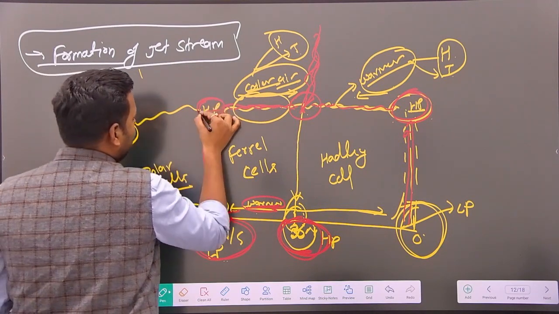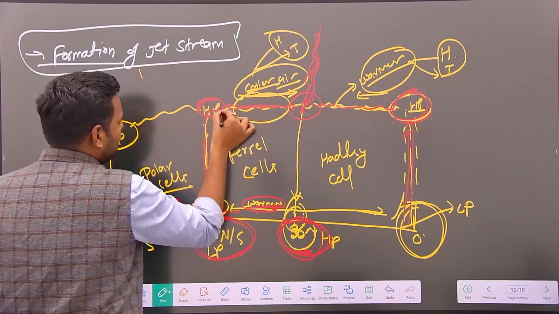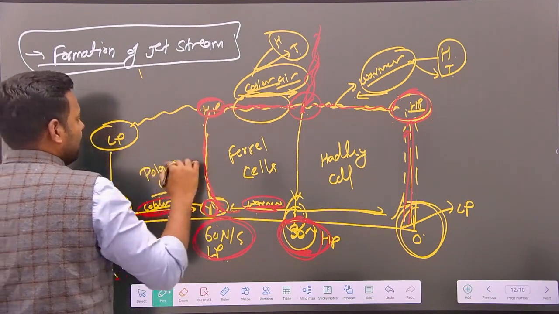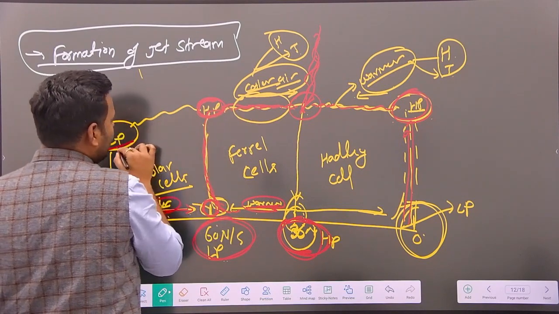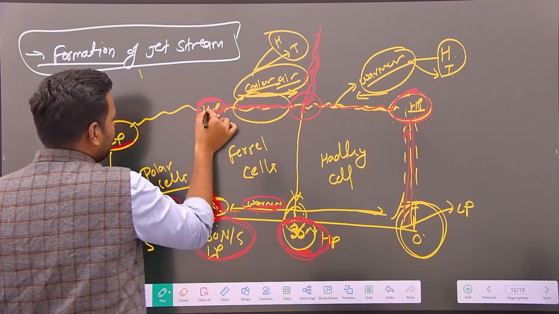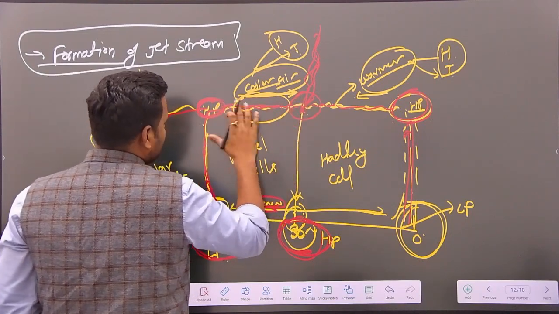And here is a high pressure. Try to understand, here is a high pressure and here is a low pressure. Winds always blow from high pressure to low pressure.